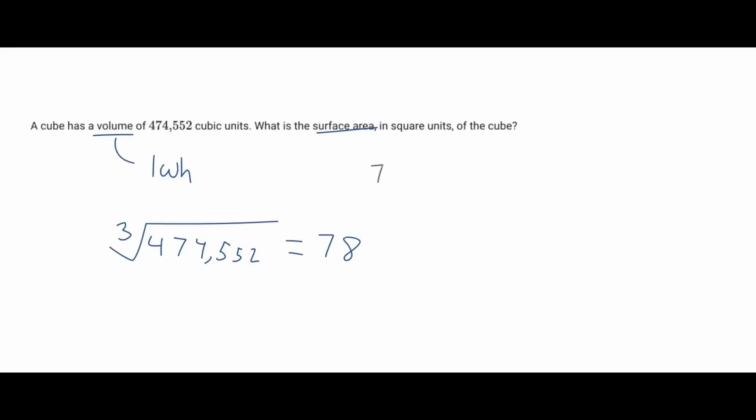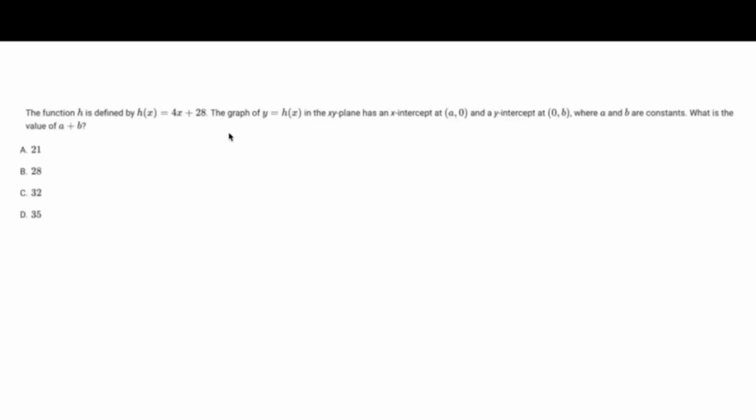So we have 78 times 78. That will give us the area of one side, and we know there are 6 faces to a cube, and so we can just multiply this by 6, giving us a final value of 336,504.